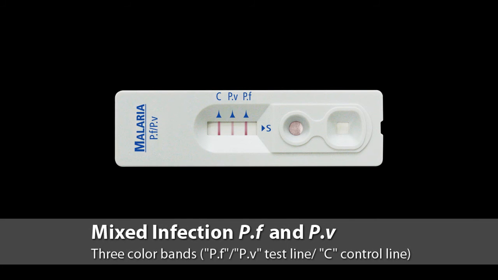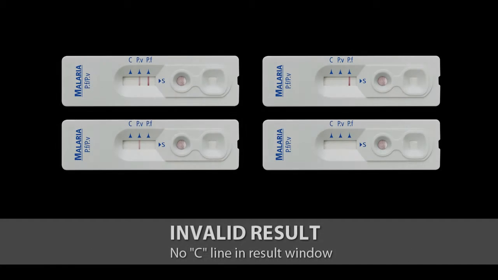Also, you may see 3 color bands on PF, PV and C line, which means mixed infection. If no line appears near the letter C, conduct the test again with a new test device and new inverted cup.